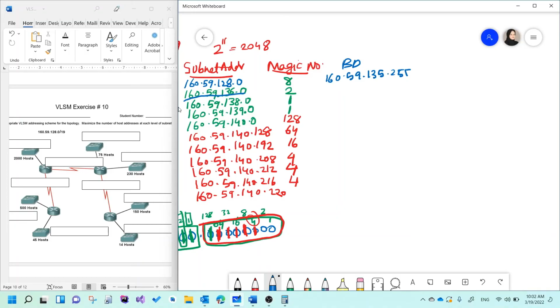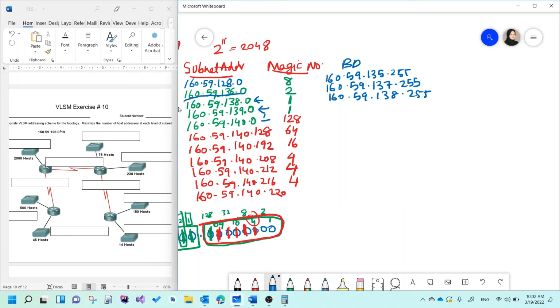So similarly, you need to look at this one now and just remove one. So 160, 59, 137.255. The next one you need to look at is this one. So 160, 59, 138.255.